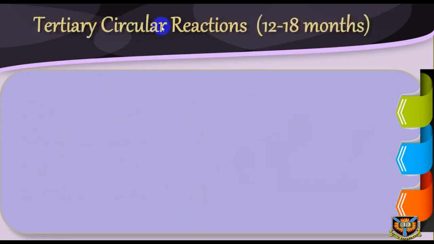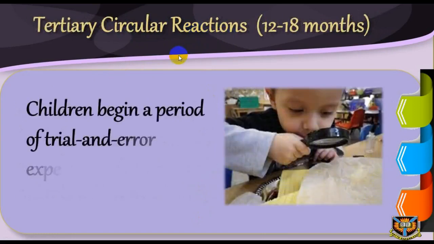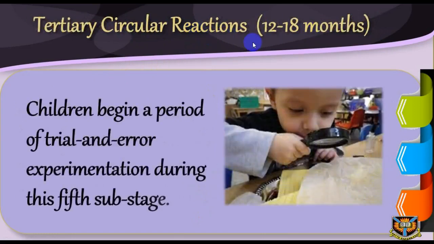Tertiary circular reactions, between 12 and 18 months. At this substage, children begin a period of trial and error experimentation. For example, a child may try out different sounds or actions as a way of getting attention from a caregiver.